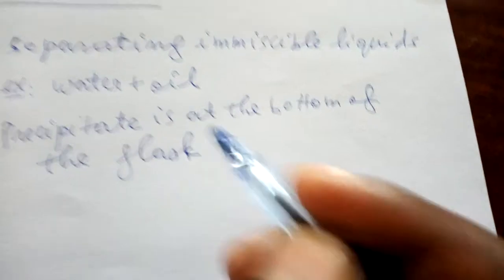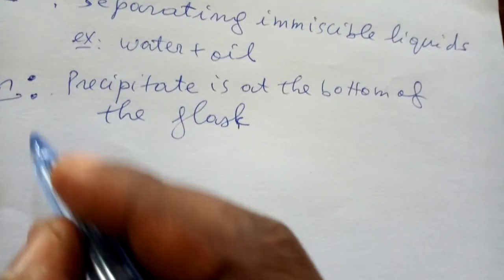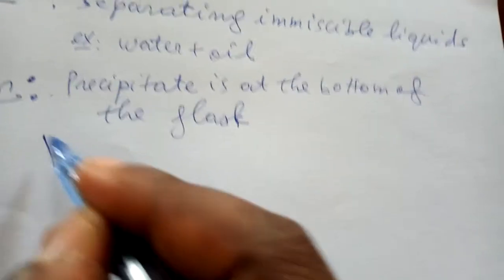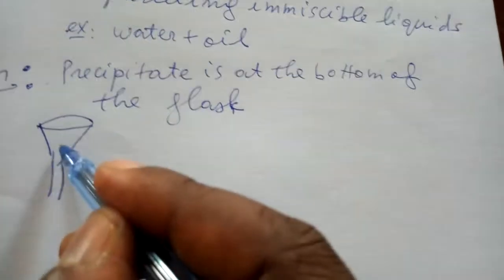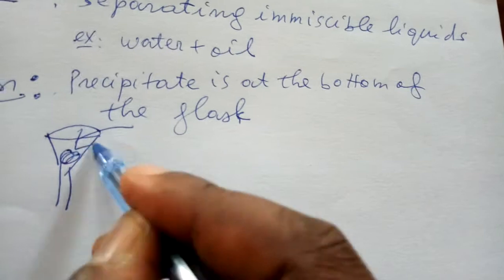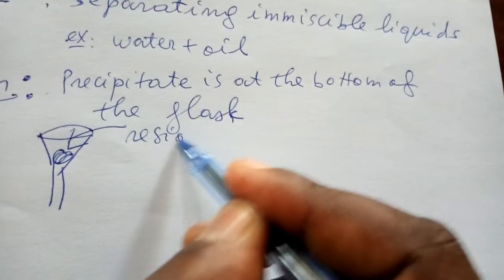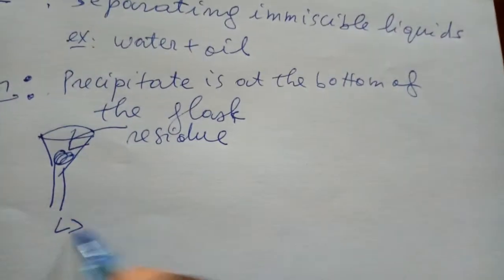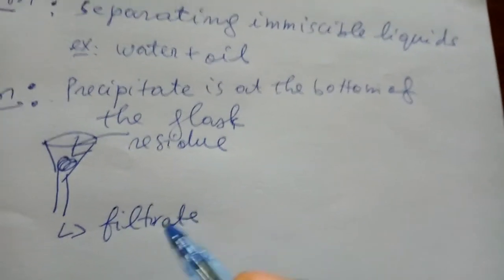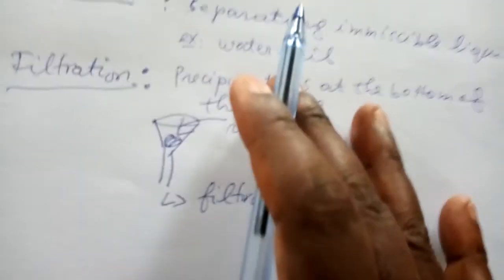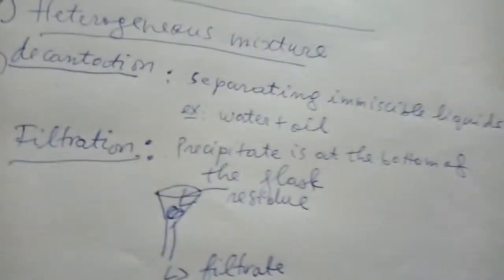At that moment, you can filter by using what we call a filter funnel. With the filter funnel, above you will have what we call the residue, and below you will have the filtrate. This is the method to separate the heterogeneous.